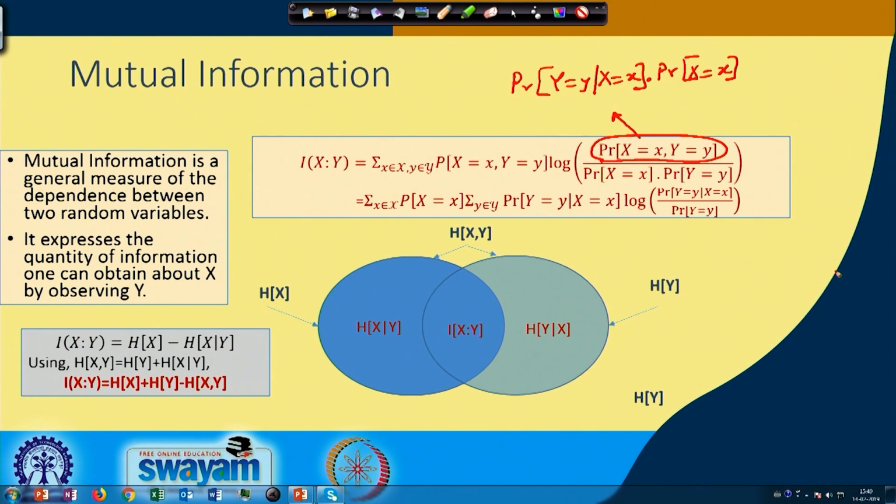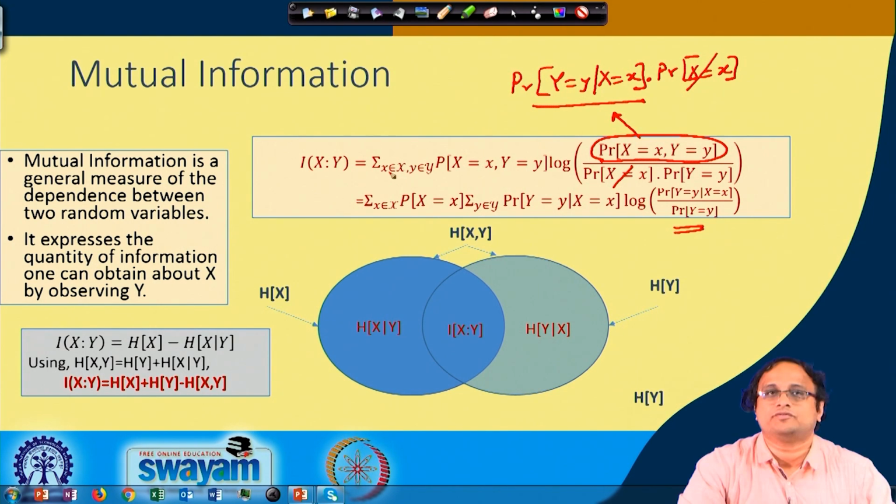So, this is equivalent, and therefore this part will cancel with this part, and you will have the probability of Y equal to small y given X equal to small x divided by the probability of Y equal to small y. This is the way in which you can directly calculate the conditional probabilities, and from there you can estimate the value of this mutual information.